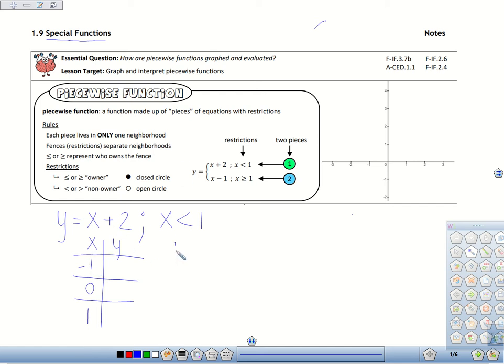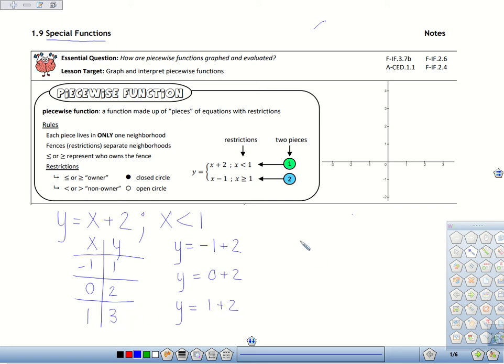So what we're going to do now is plug each of these x values into the equation. So I get y equals -1 plus 2, which is 1. Now y equals 0 plus 2, which is 2. And then y equals 1 plus 2, which is 3.